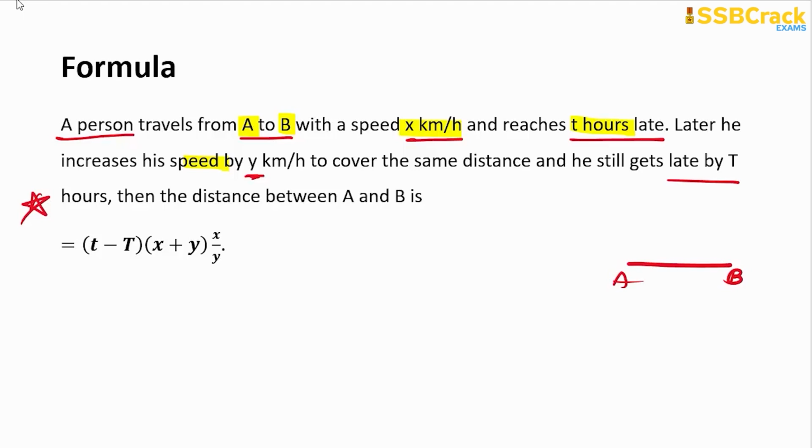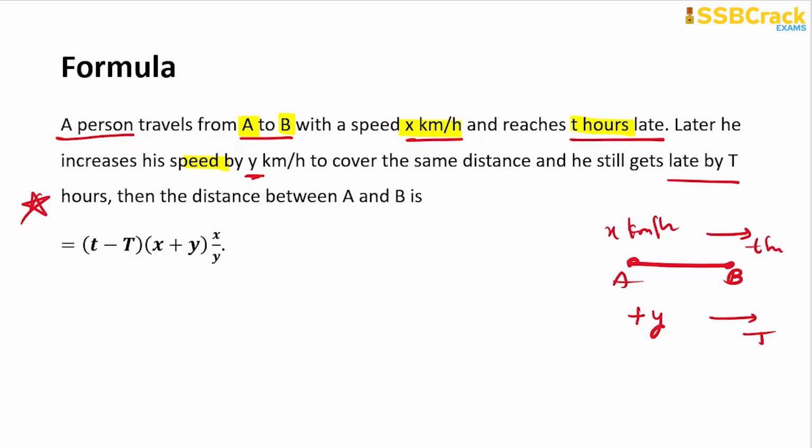I hope you could easily recognize the difference between this formula and the earlier formula. When a person is traveling from A to B with the speed of x km per hour, getting delayed by t hours, but when he increased the speed by y, he is still getting delayed by capital T hours. But previously, we had a formula where there was a time that he was reaching early.